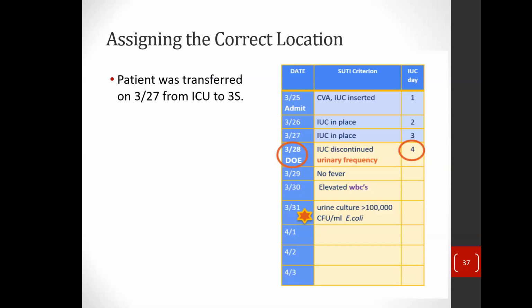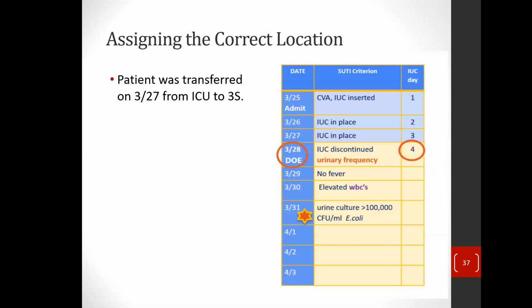So you want to make sure, and believe me, the nursing staff usually gets pretty upset if you try to attribute an infection to their location when they don't believe that they had a part and don't want to own that infection. So this patient was transferred the day after, on the 28th, the day that it was determined.